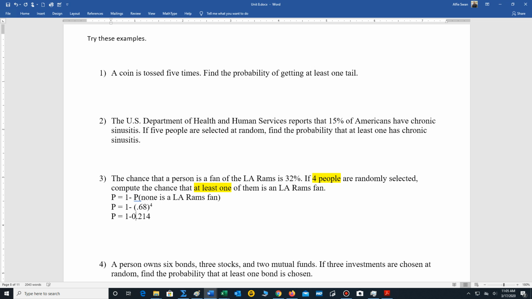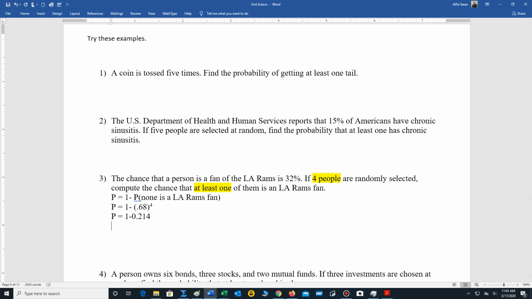And so 1 minus 0.214 will give us the following probability: 0.786. So we can say for the LA area, at least 78.6% of the 4 people are LA Rams fans.